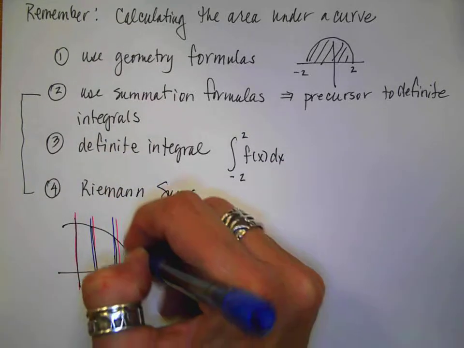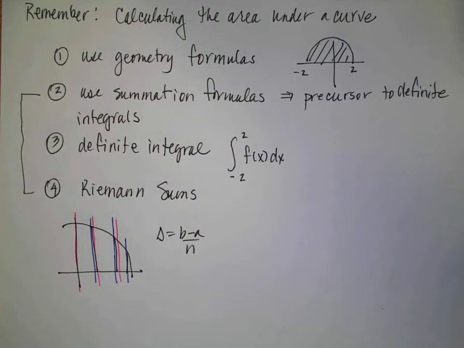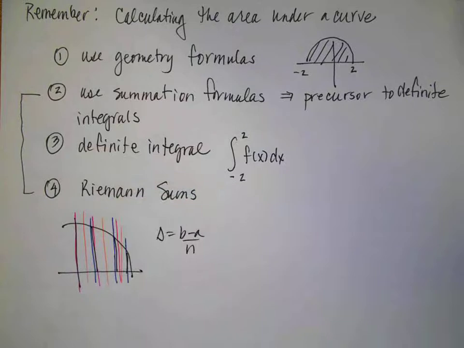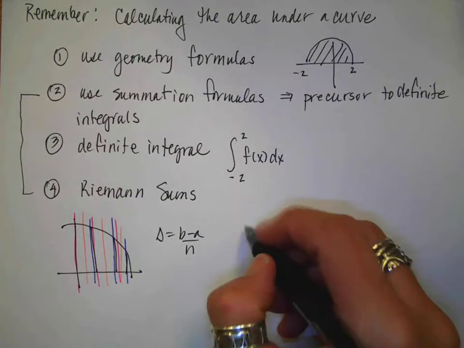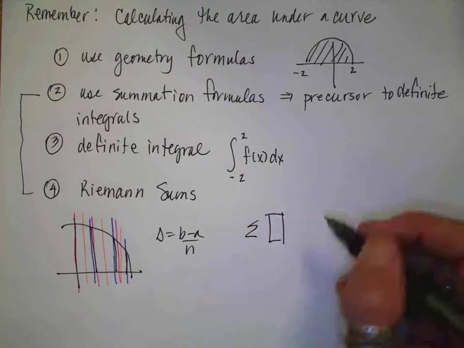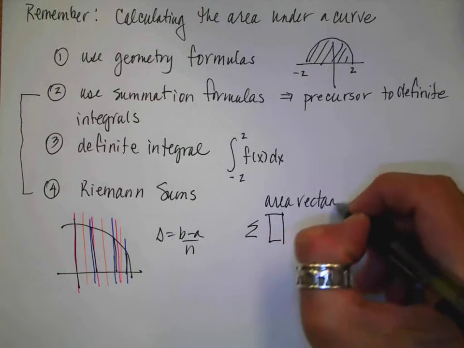If I did, this is going to get tricky, this one, and this one, that would give me my right-hand sums. And then I could do this one, this one, this one, and that could give me my midpoint. And remember, what I'm doing when I do a Riemann sum is I'm summing the area of the rectangles.